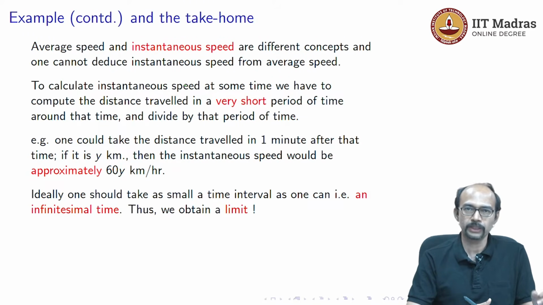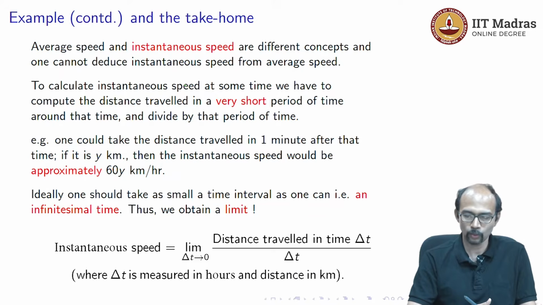When you keep taking smaller and smaller times, what you are saying is, well, let the time interval I take shrink to 0, and that is exactly what we know is underlying a limit.